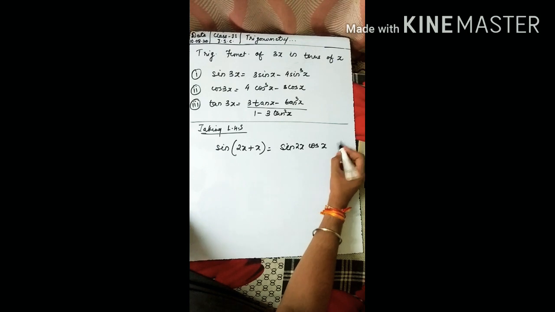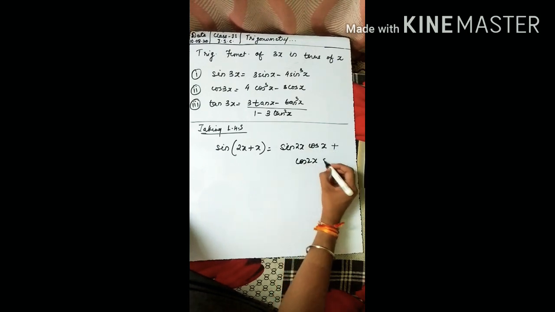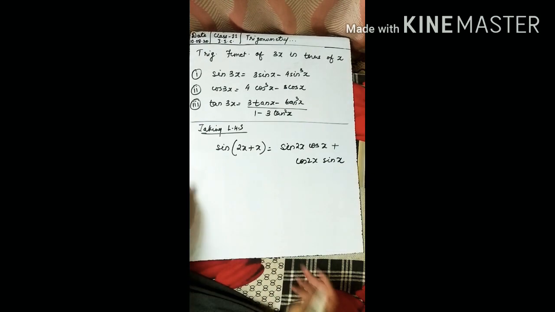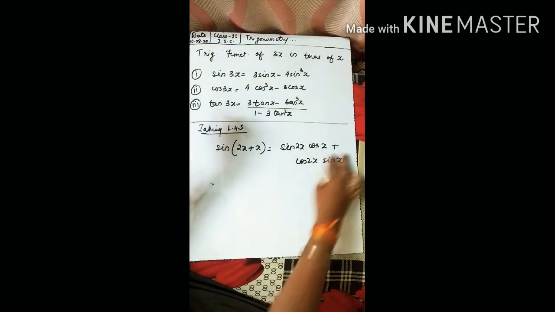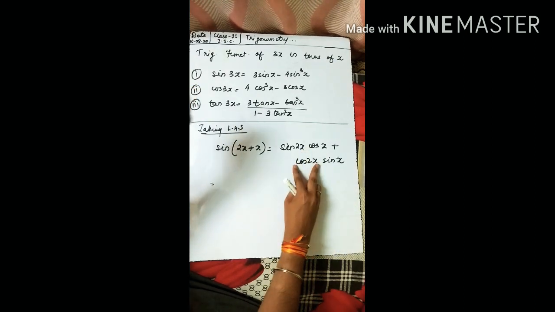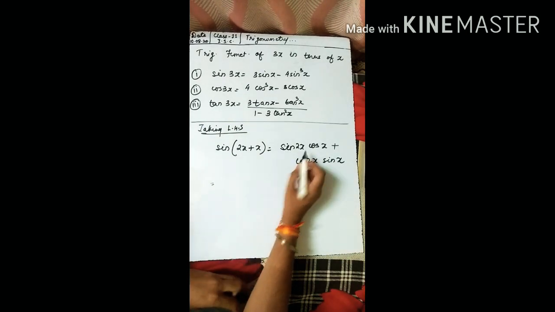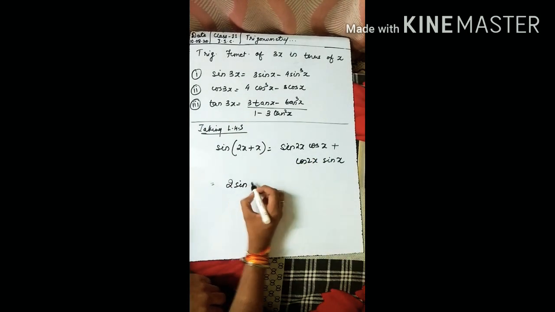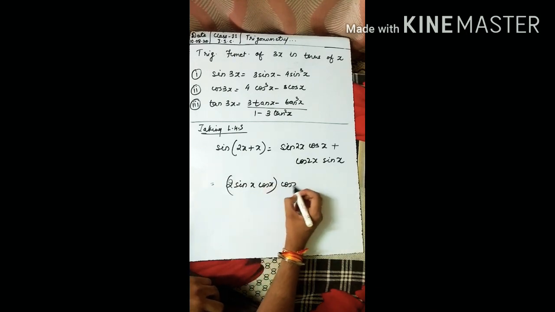So we get sine 2x cos x plus cos 2x sine x. Now we have the identities of sine 2x and cos 2x also. So put the identities. Sine 2x, as I told you, is 2 sine x cos x. So we have put the formula here.